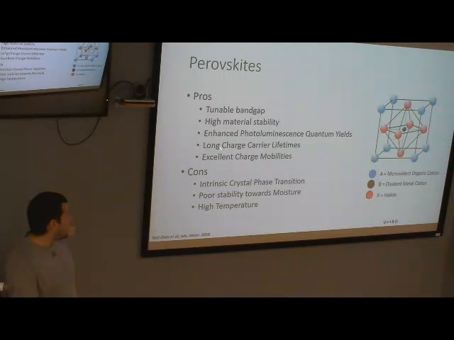So for the most part, I mentioned these already. That's just a pro again, but a con. So what it means by intrinsic crystal phase transition: whenever you create perovskite structures, it's hard to keep it all the same geometric equivalent.